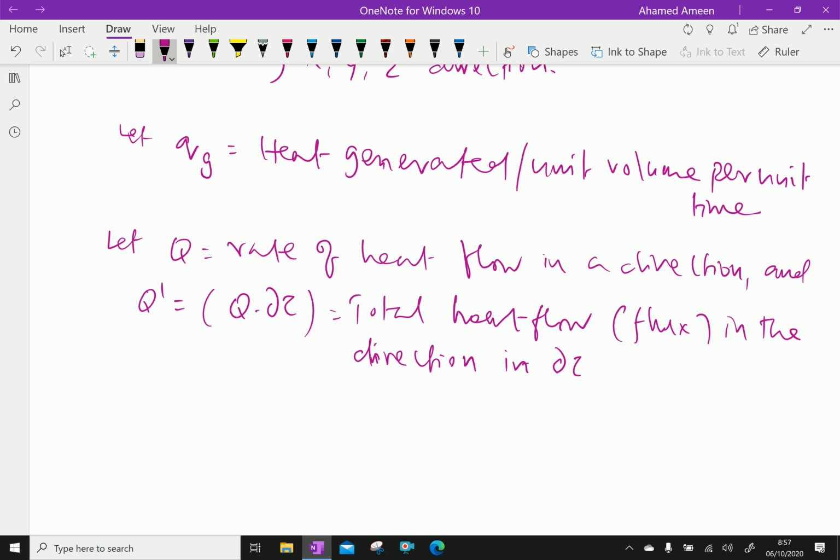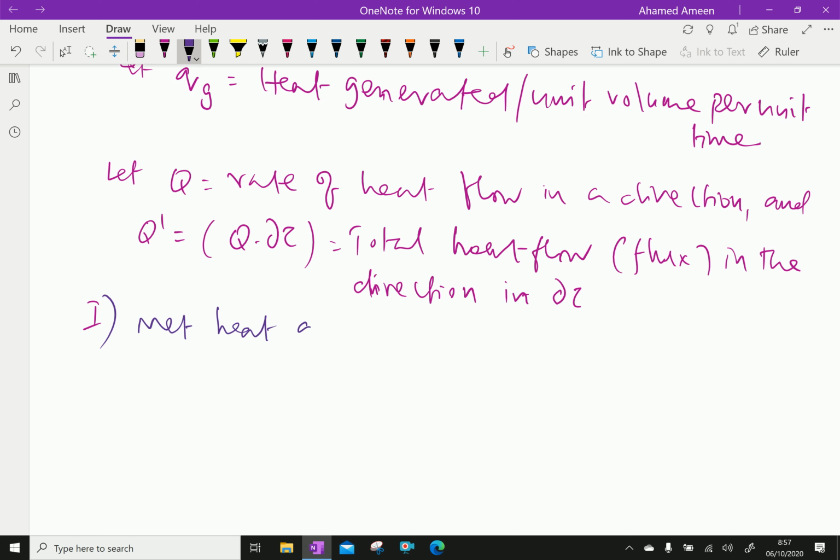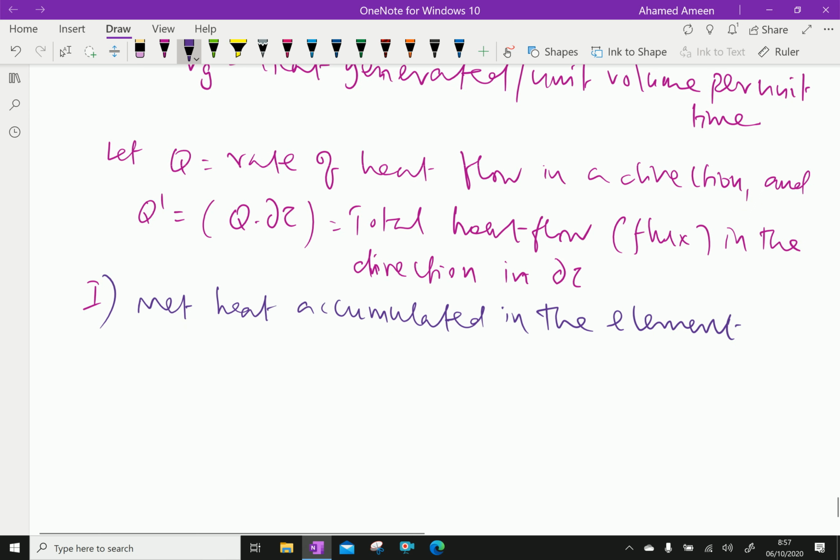Now, net heat accumulated in the element due to conduction of heat from all directions is considered. We'll consider this first part.